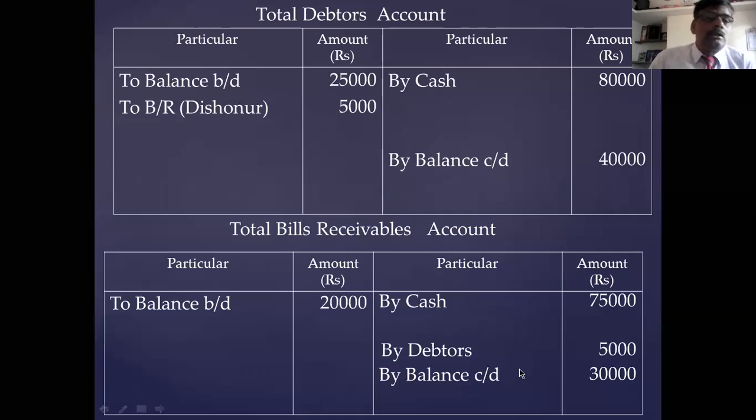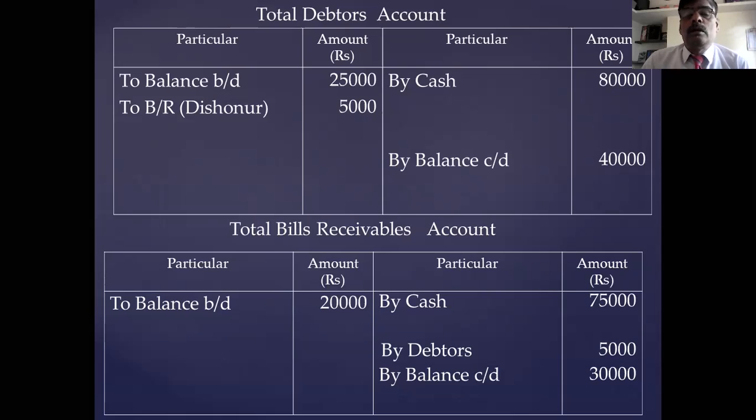Then next transaction is bills receivable endorsed. Bills receivable endorsed you record on the credit side of the bills receivable account. Endorsement of bills receivable means transferring the bills to creditors.